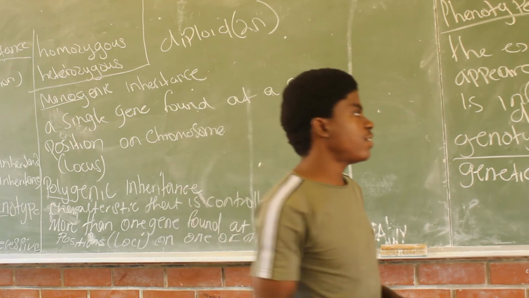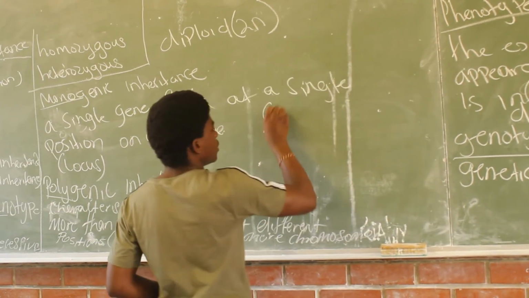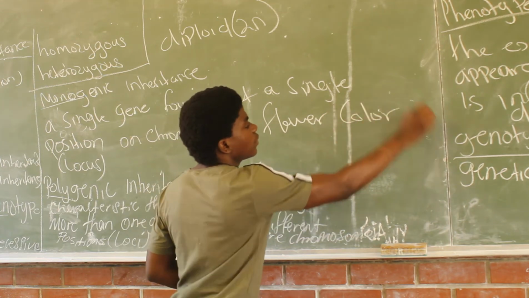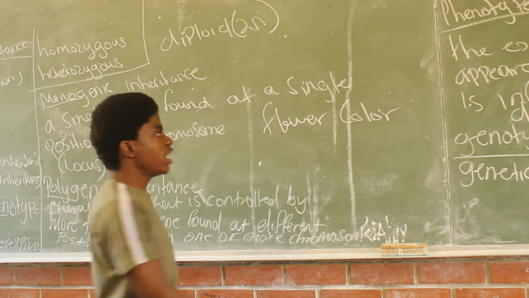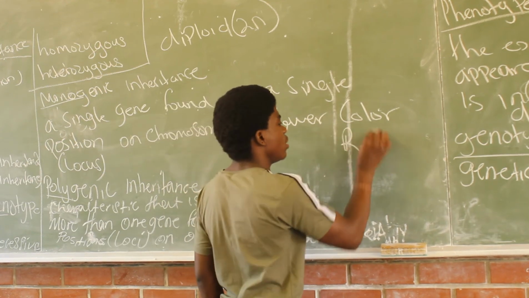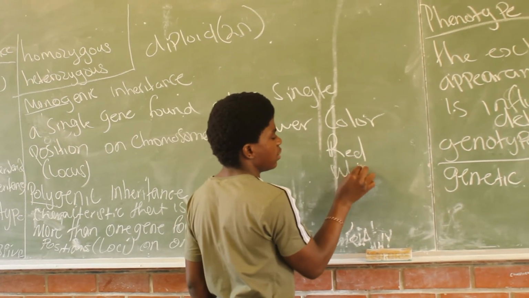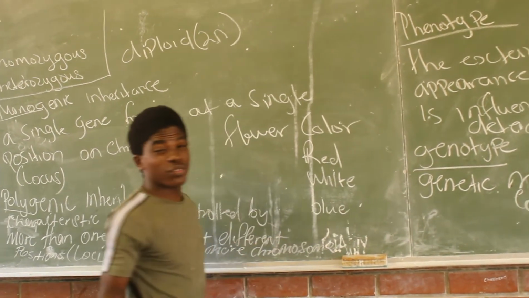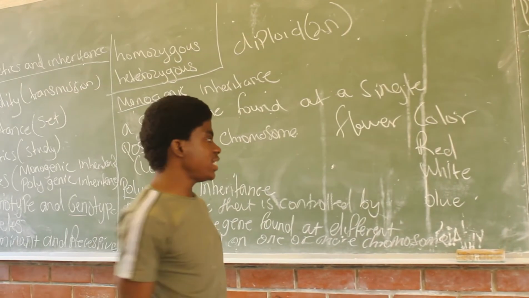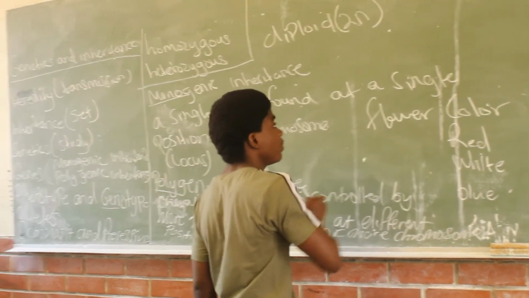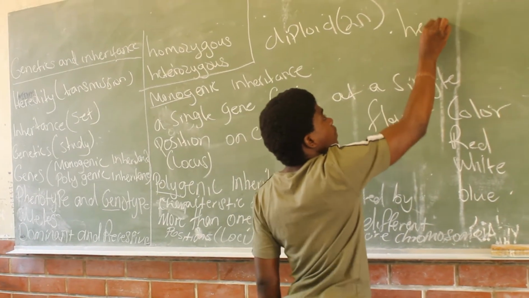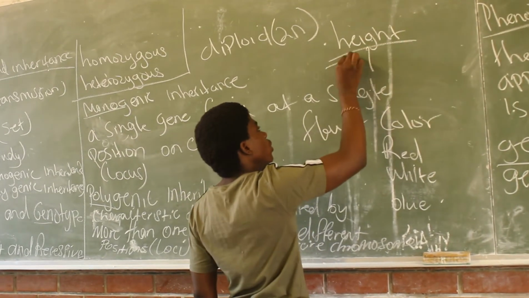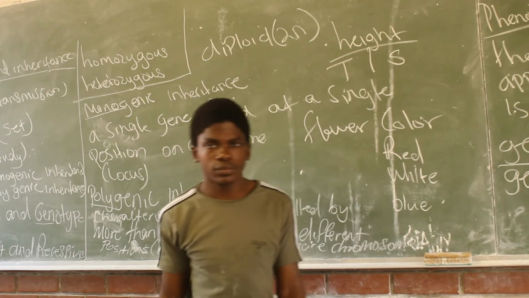When we have flowers, take flower color. When you talk about flower color, we have red, white, blue, and all sorts of colors. When we talk about height, we have tall or short.